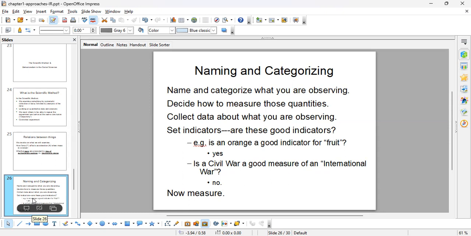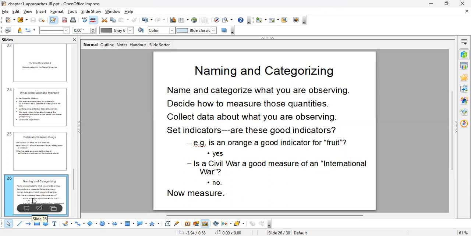Before you can do that, you have to decide what's a good indicator for the quantity. If you are to measure something to do with fruits, are oranges a good indicator? Yes. But if you are to measure international war, is civil war a good measure?